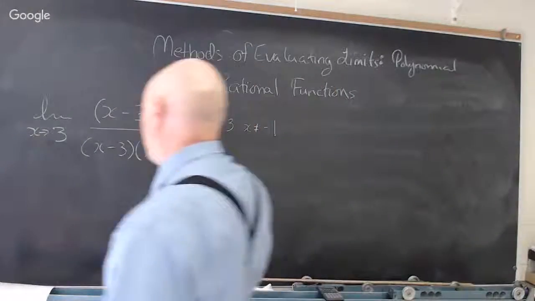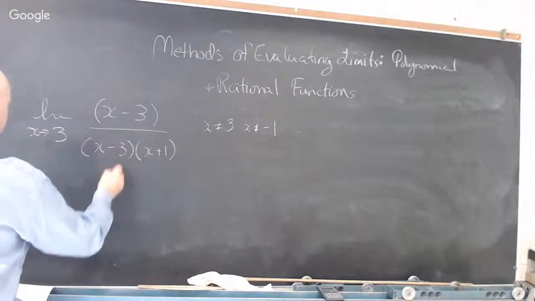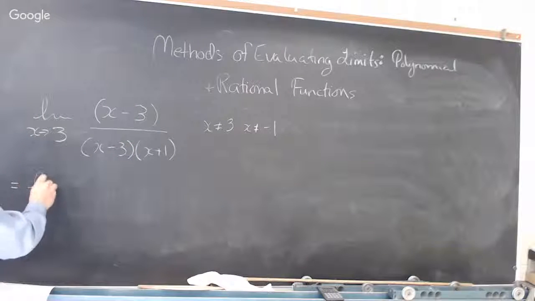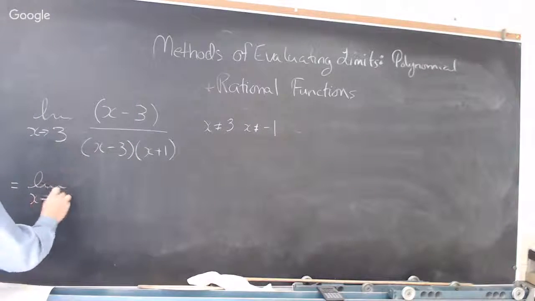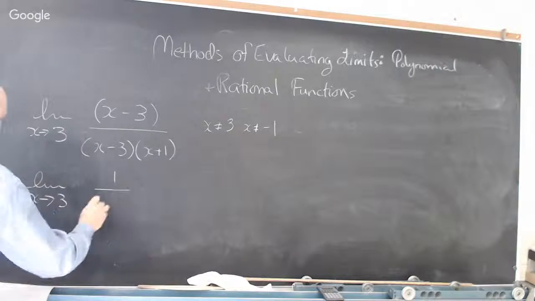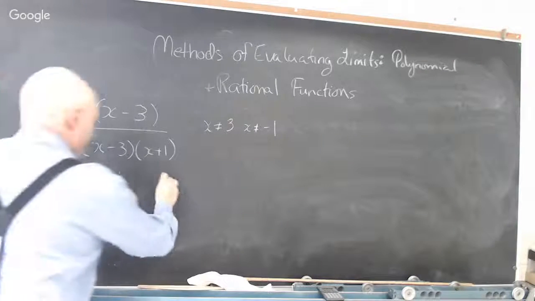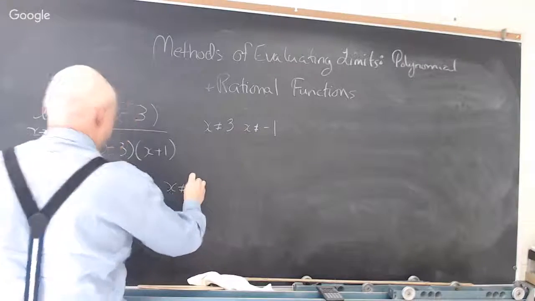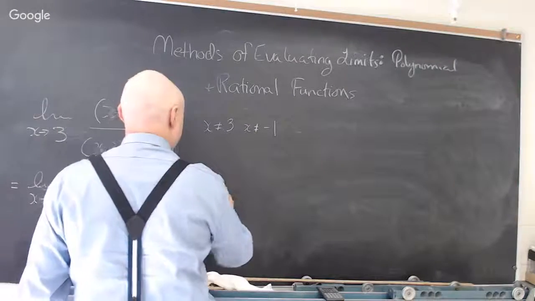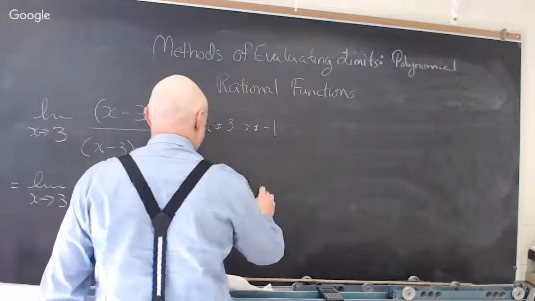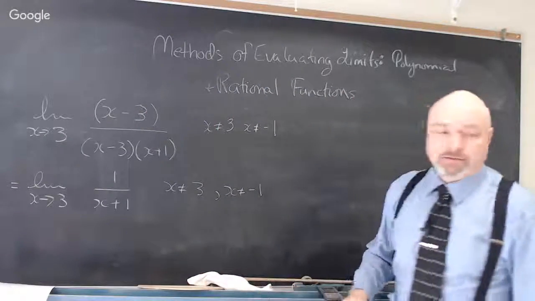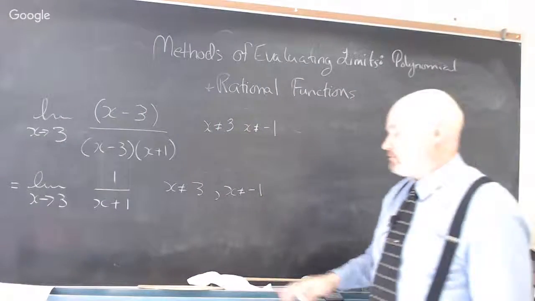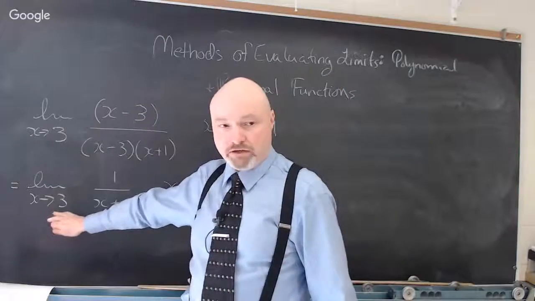So if you recall, this is the removable discontinuity, and so we can simplify this. We can express this function this way, as long as we're mentioning the fact that x can't be equal to 3 and x can't be equal to -1. The fact that we're using a limit means that we're not actually putting the value of 3 in.